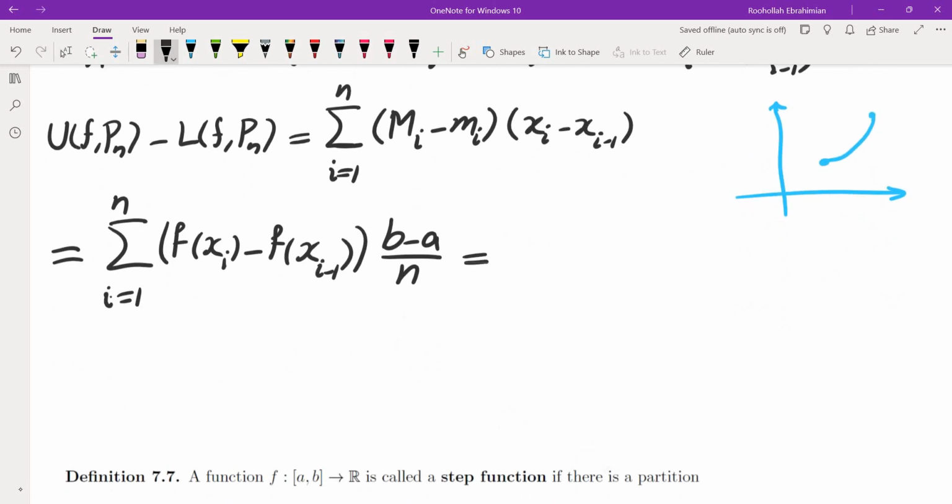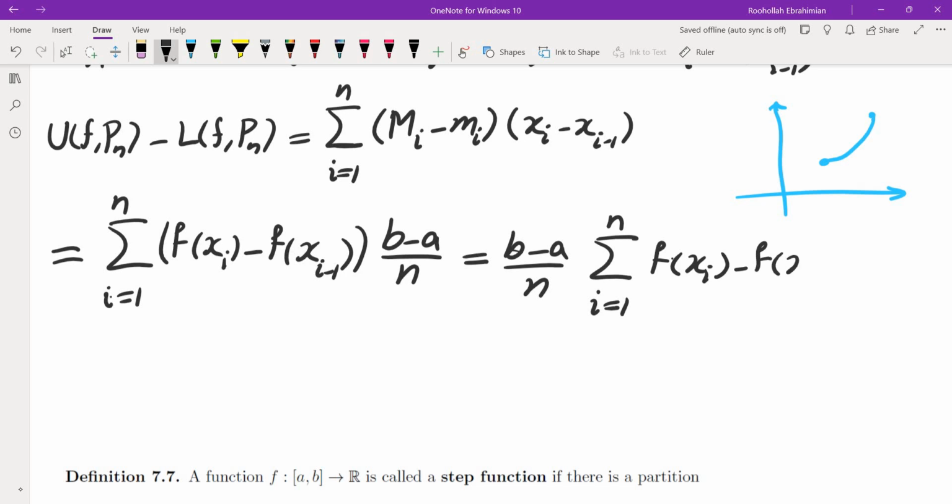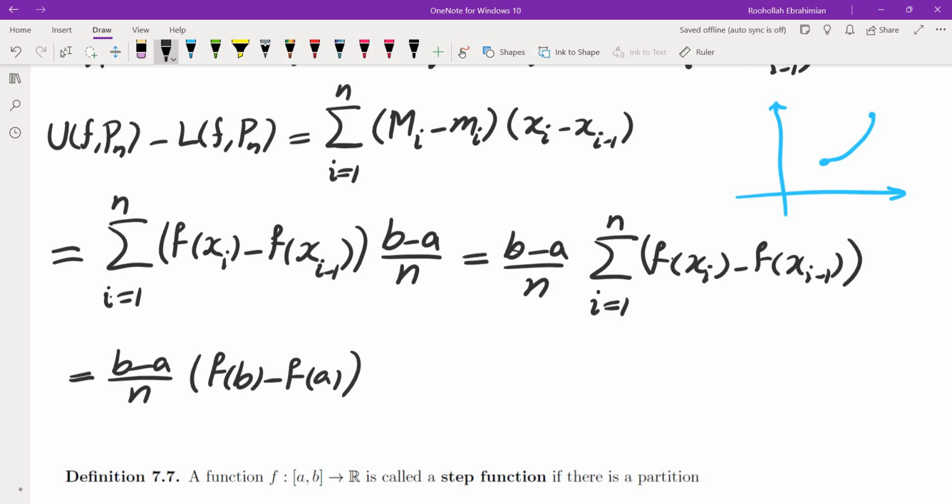And if we look at that, b minus a over n can be taken out, and the rest of the sum is in fact a telescoping sum: f of xi minus f of x_{i-1}. This is b minus a over n times f of b minus f of a, since it is a telescoping sum.